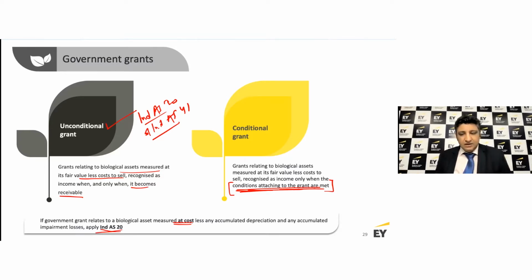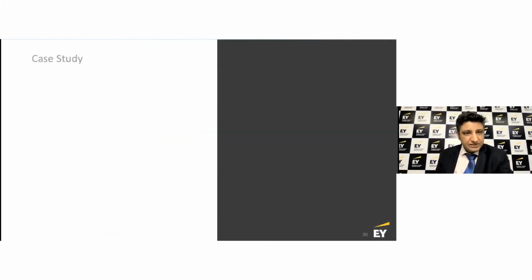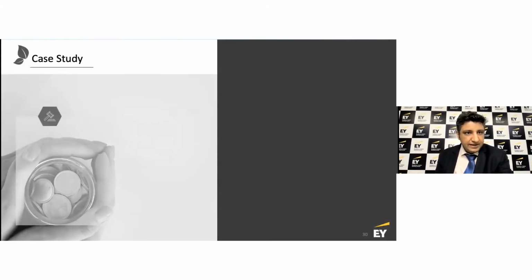Okay. And also you want to remember, by the way, if it were a bearer plant, then anyway Ind AS 20 shall apply, because a bearer plant is not within the scope of Ind AS 41. So you need to be careful in assessing or reading the information and apply the scenarios accordingly.